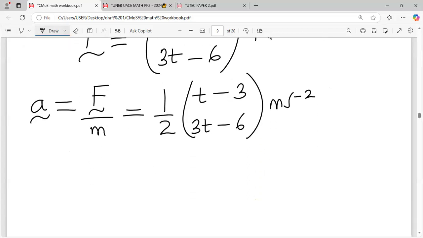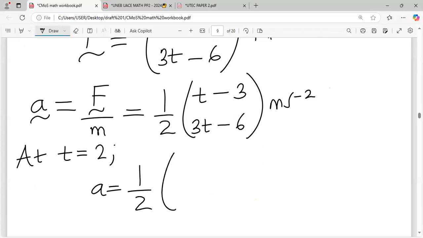Say that t equals 2. Acceleration is a half of 2 minus 3, minus 6.